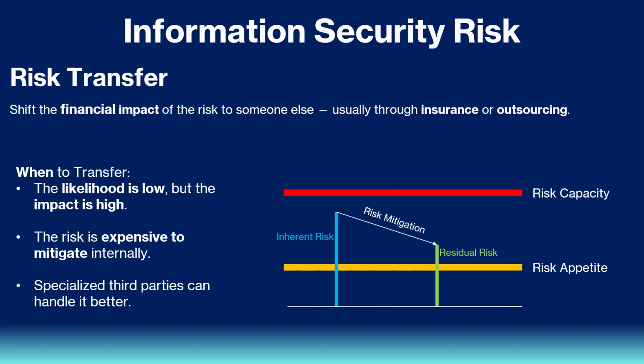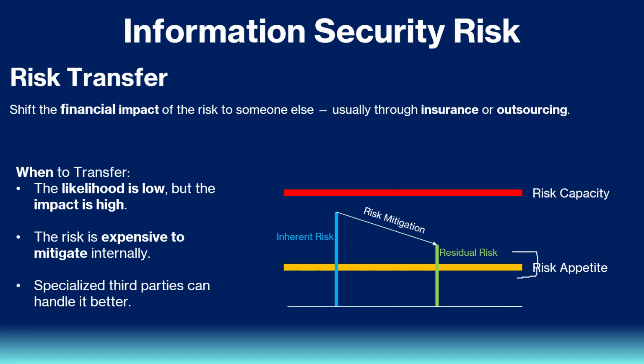Now, let's move on to our next part of risk treatment, and that is risk transfer. As the name suggests, transfer simply means shifting the risk to someone else, usually a third party like an insurance company. Let's understand it with an example. Imagine a company has already mitigated the risk, but even after that, the risk is still above the organization's risk appetite.